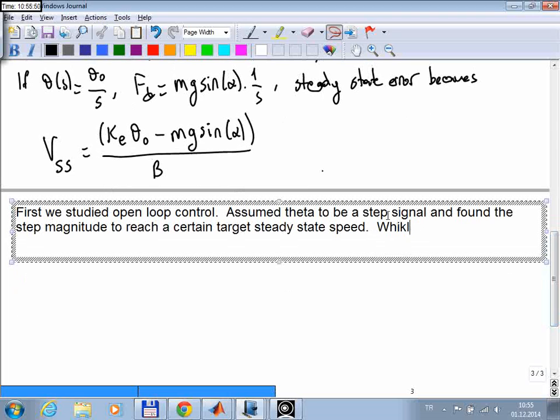And while doing that, we ignored the disturbance input.